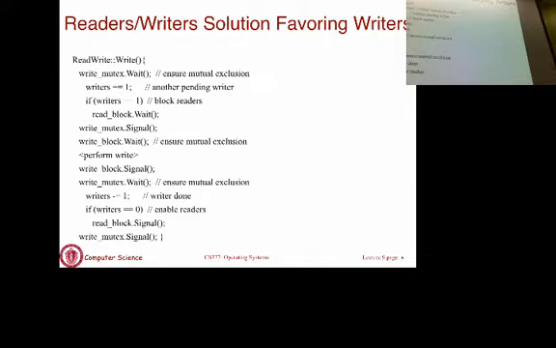This is mutual exclusion, so this is the writing that's happening. Any other writer is going to block here because you have to grab the lock. So you block all readers, you block all the writers. Then you decrement the number of writers, and when the number of writers goes to 0, you unblock the readers. Now we'll look at the read method and try to understand how this works.